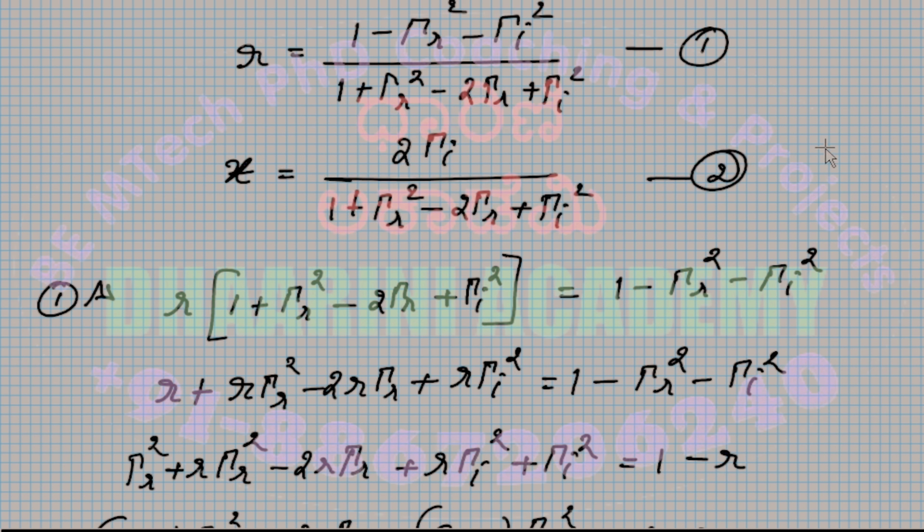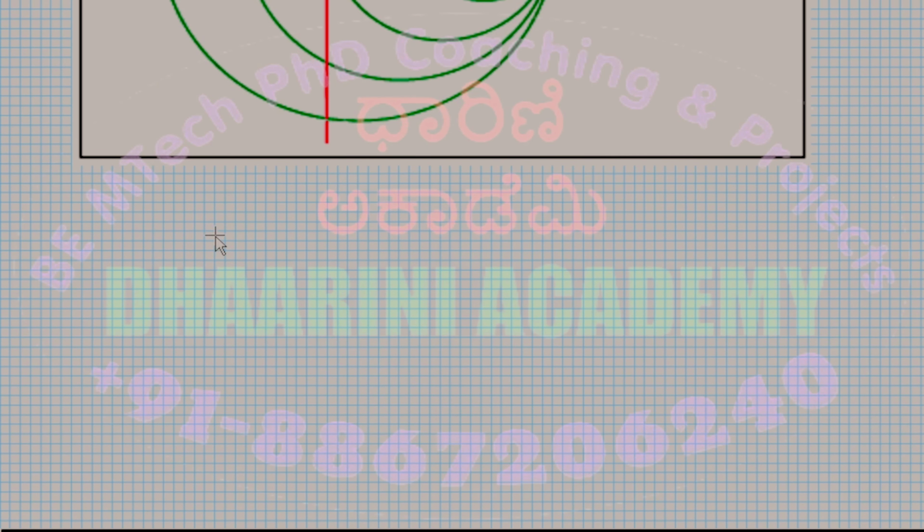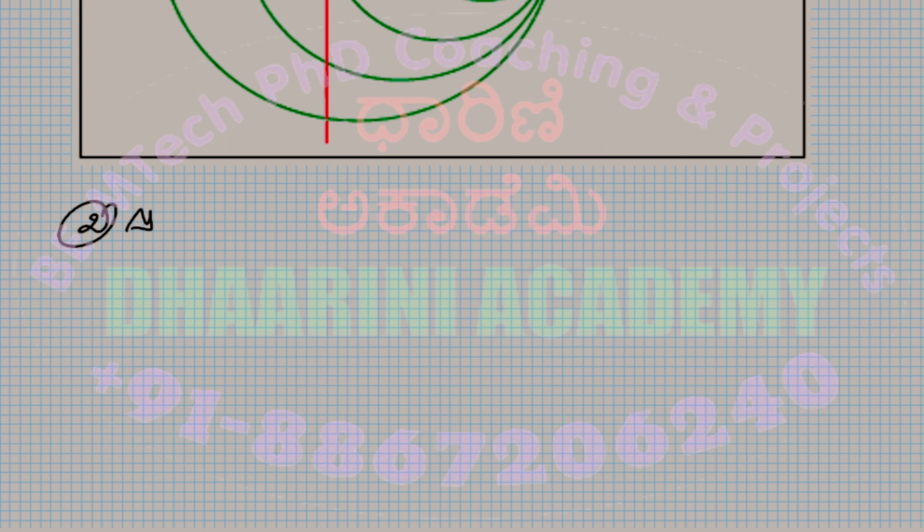Let me try to copy this equation. Sorry, it's not getting copied. Just a second. Let me write the equation itself. So from equation number 2, I'm writing that once again.